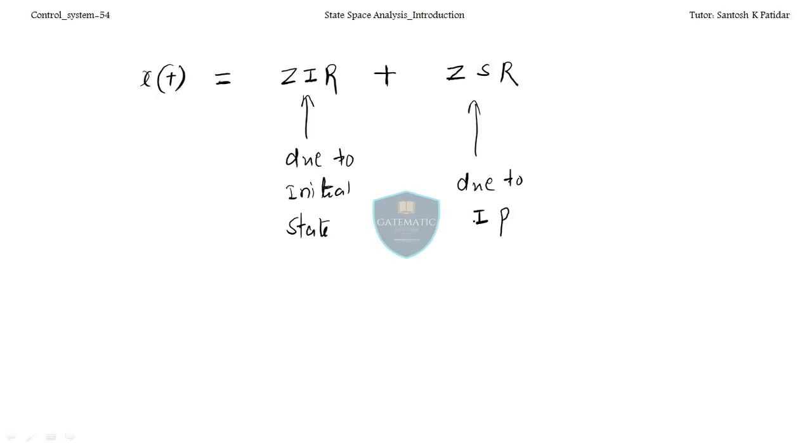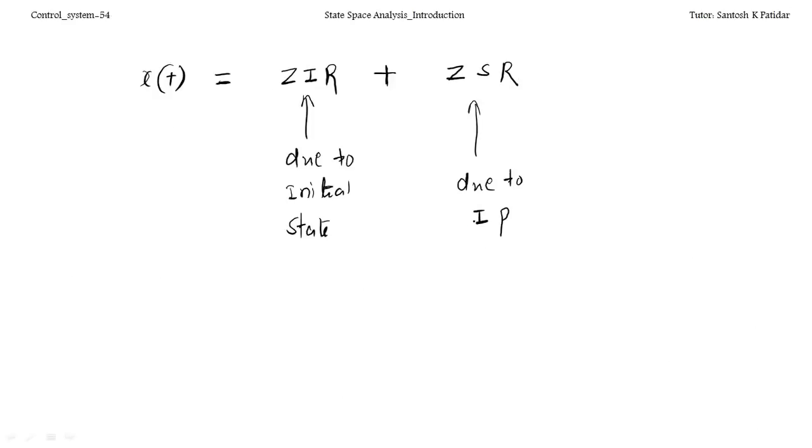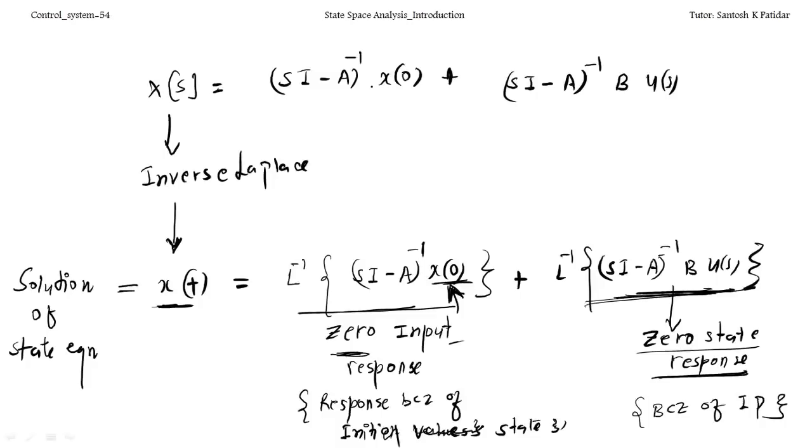Another method I have, the classical method, where everything will be in the form of exponentials. Classical method means you take everything in the exponential terms. How will you solve that? You convert the final result into the t domain, so it will be e to the power At x0, isn't it? 1 divided by (sI minus A) inverse you had right here.